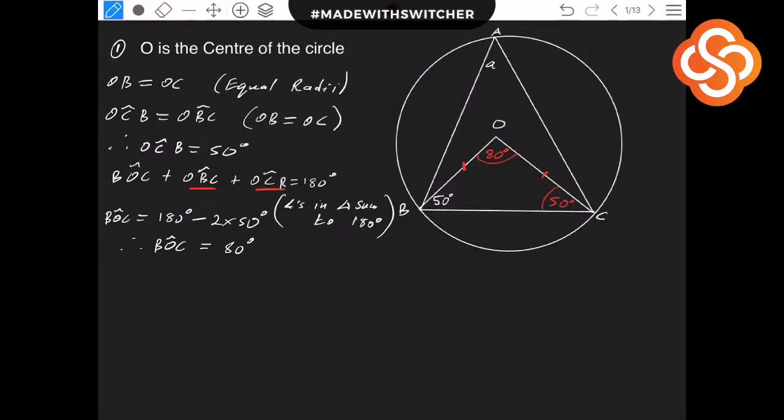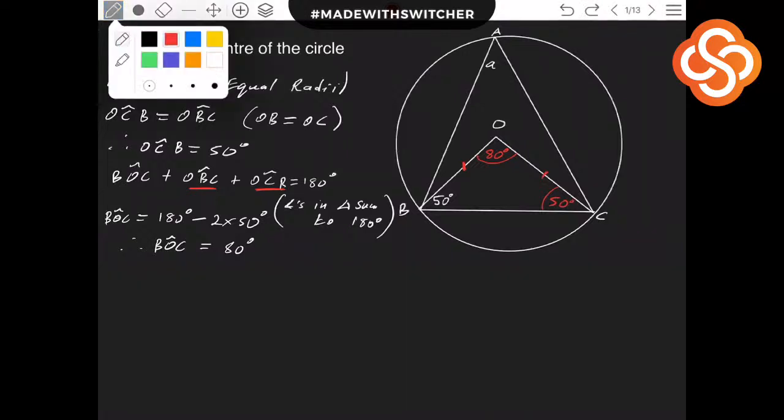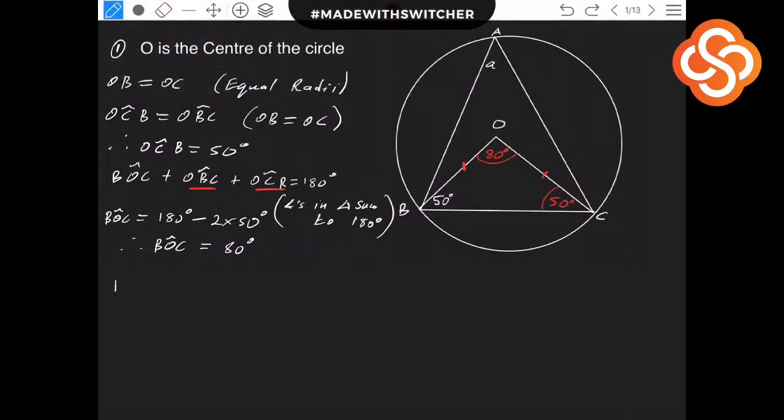Nice one. Now we're going to apply another interesting theorem here. There's a theorem that says the angle at the center is twice the angle at the circumference. So that is what we're going to apply right now. BOC is going to be 2 times BAC.